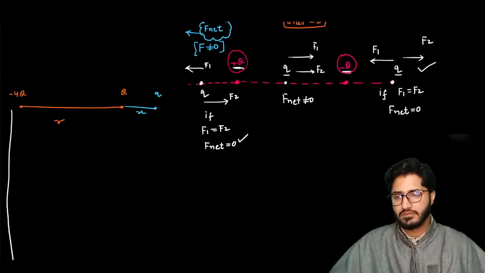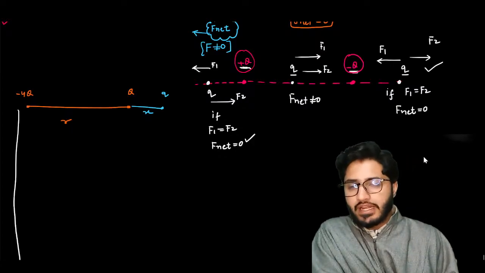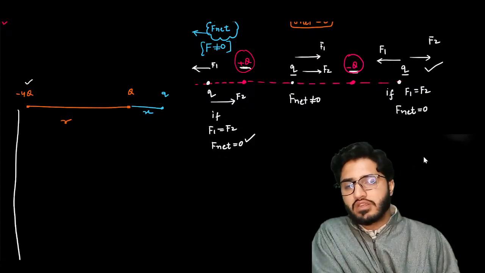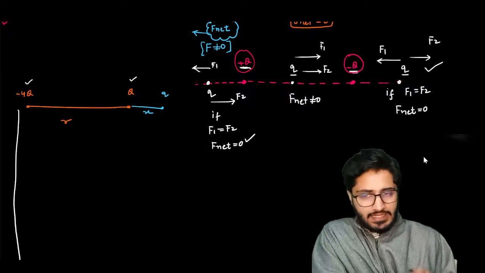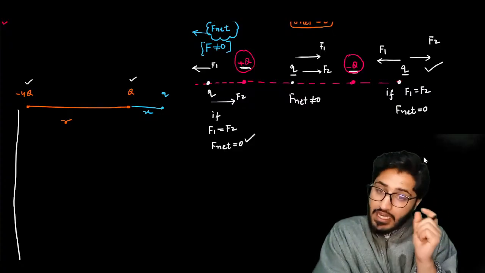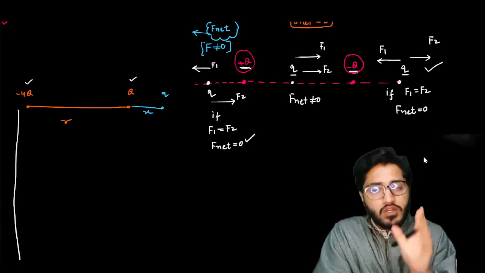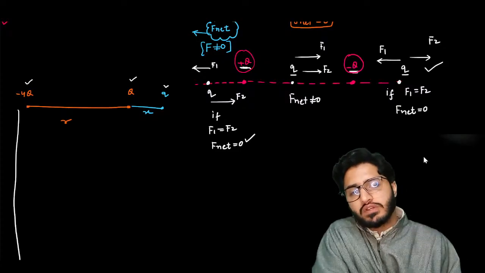Look here. Minus 4Q is big or Q? Sir, minus 4Q. Okay, that's why different polarity, so my charge will be outside. It will be closer to the smaller one. I guess Q is the smaller one, so yes, it will be closer to this one.